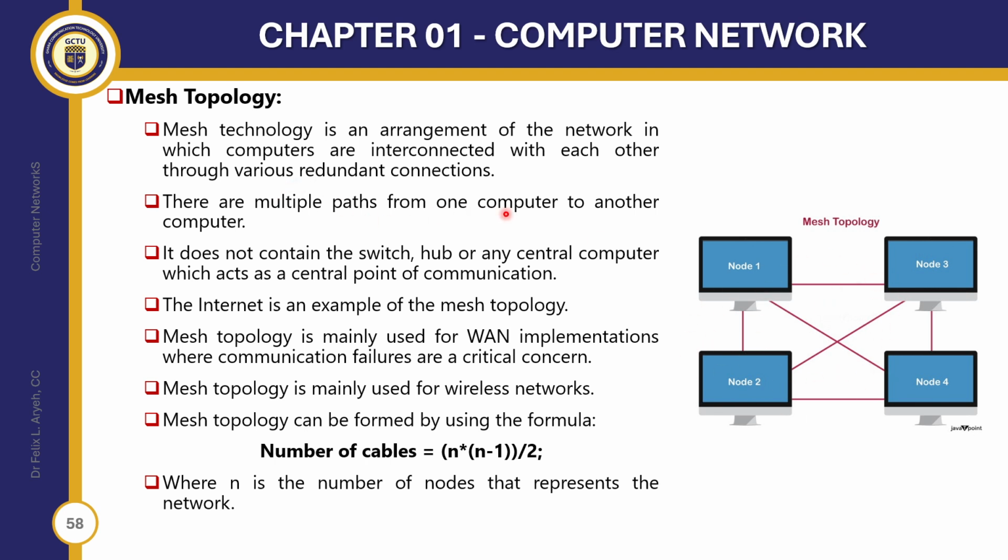There are multiple paths from one computer to the other. It does not contain a switch, a hub, or any central computer which acts as a central point of communication. So the internet is an example of a mesh topology. It's mainly used for wide area network implementation where communication failure is a critical concern.